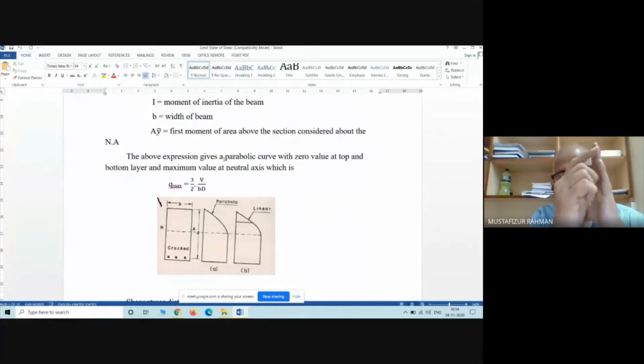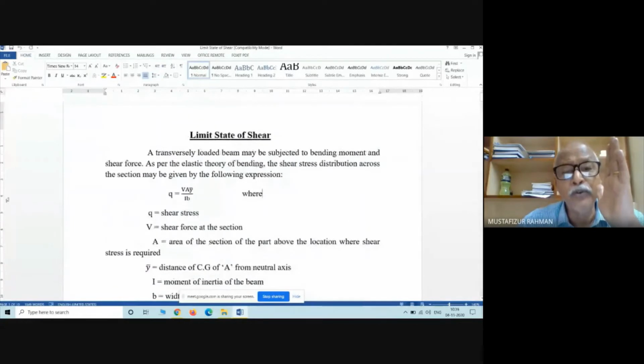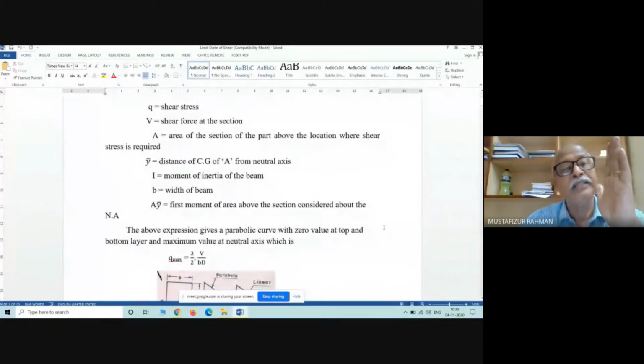Had it been a single material, the area is B multiplied by D. But if we go by this expression, what is going to happen? The stress distribution here would have been 0 here, 0 here, and it will come this way, maximum at the neutral axis.